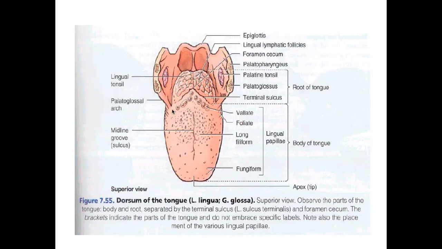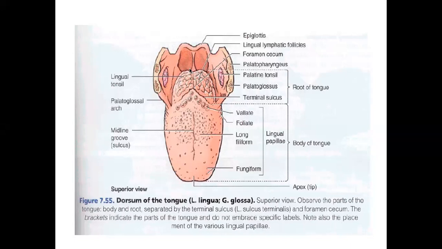Behind the palatoglossal folds we have the palatopharyngeal folds, the folds which enter from the palate into the pharynx. Both sides have two folds, and within the folds there is a fossa, a depression for the tonsil, called the palatine tonsil.